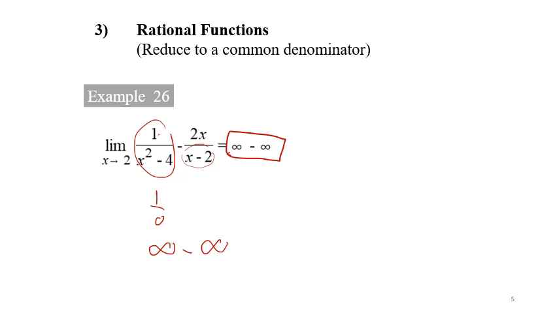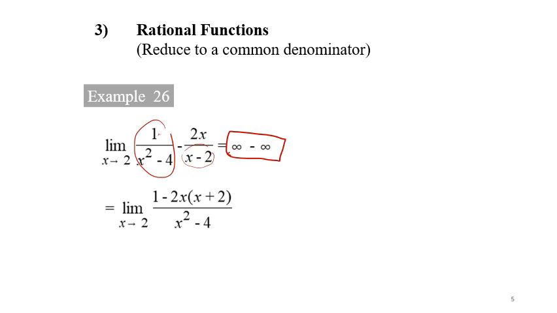So for these cases, the method to solve this one is to reduce the common denominator. So it means that we equate the denominator, right? So as you can see, we multiply this one with x plus 2.